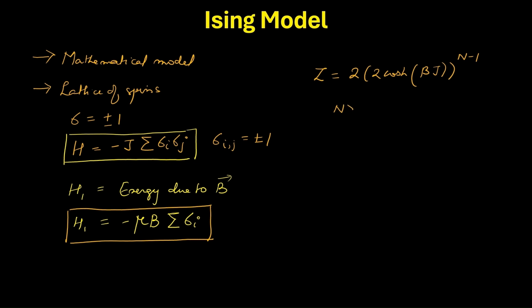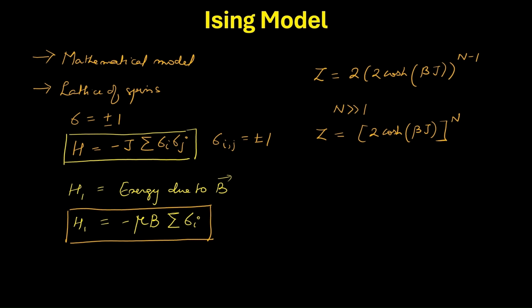But if N is much greater than 1, or N is very large, then we can write it like this: 2 cosh(beta J) to the power N. So this is the partition function of the Ising model.